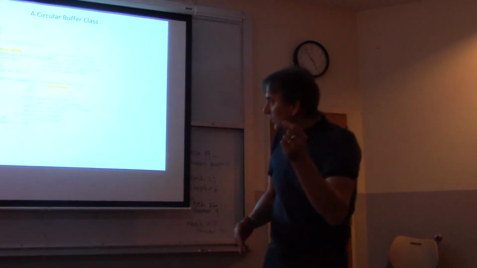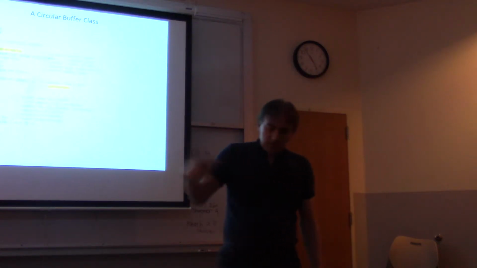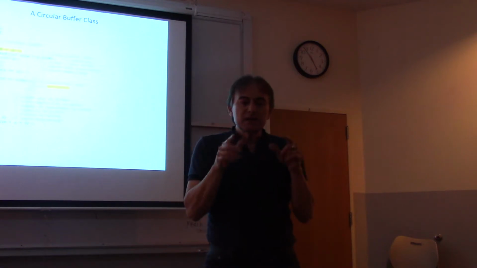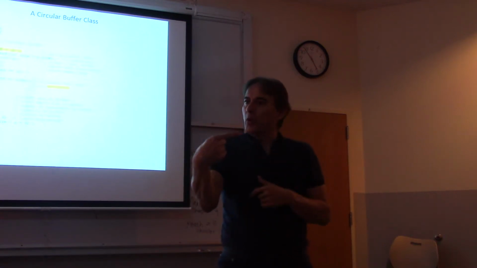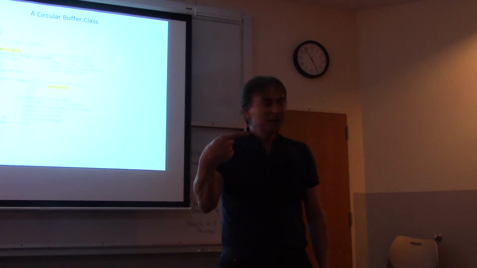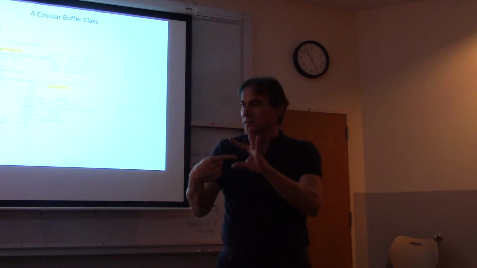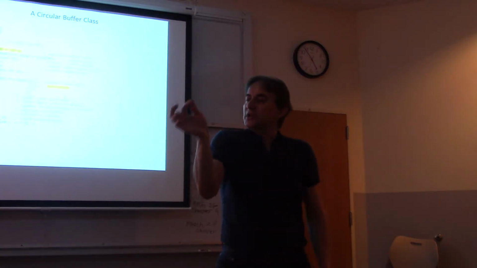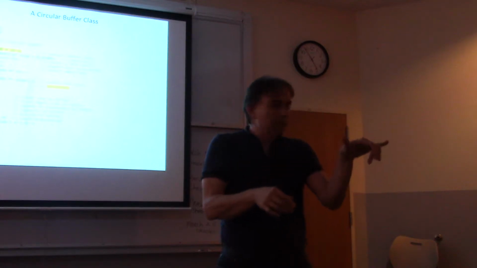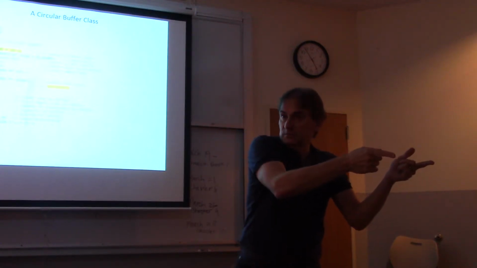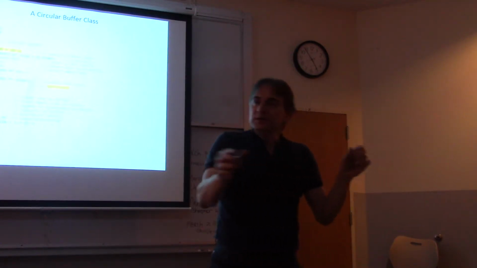Now, there's another possibility. If I have a pointer to a circular buffer, that's not a circular buffer, that's just a pointer, right? So if I said circular buffer pointer equals new circular buffer, 16, 100,000, whatever, then what am I doing?